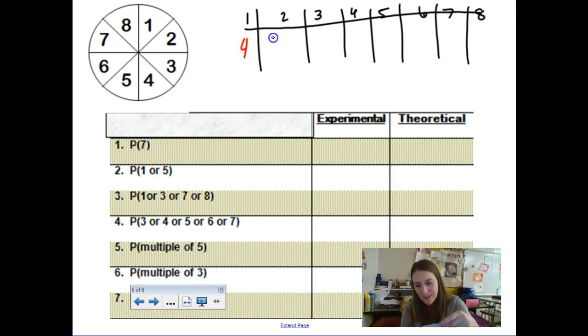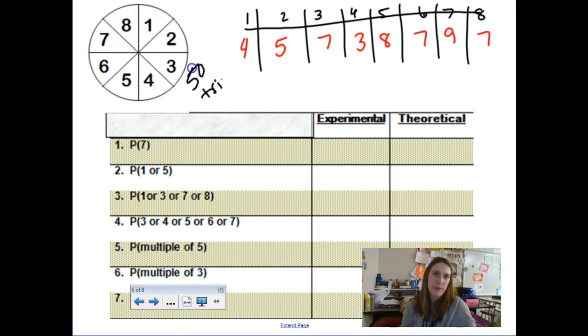How am I supposed to read this? 1, 2, 3, 4, 5, 7, 3, 8, 7, 9, and 7. And there were 50 total trials. Hope I read all those correctly.